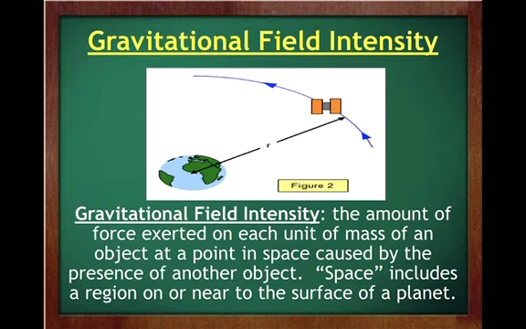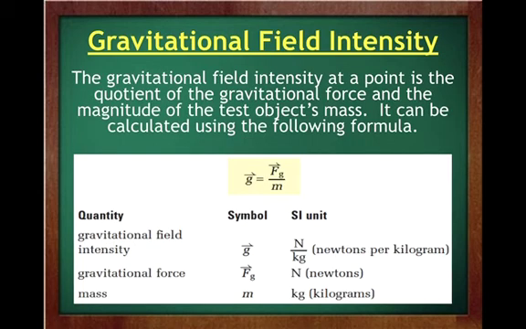We've already explored this. The big difference with gravitational fields is that there aren't two different directions, positives and negatives. Everything is being drawn to the bigger planet, right? In terms of drawing your field vectors of where it's being pulled to, they're all being pulled to the main planet, okay? But you'll notice I think we've seen this formula before, where the gravitational field intensity at a point is the quotient of the gravitational force and the magnitude of the test object's mass.